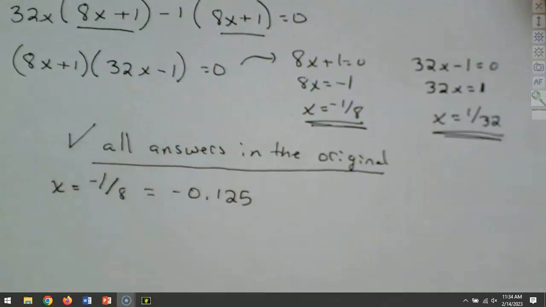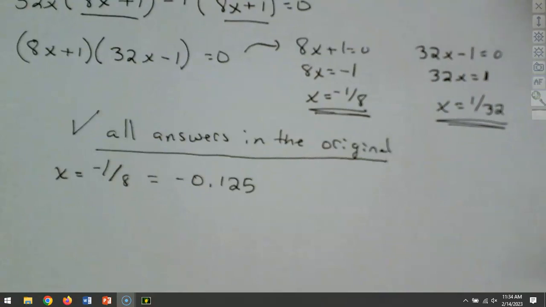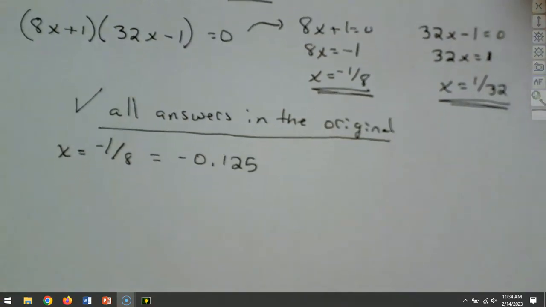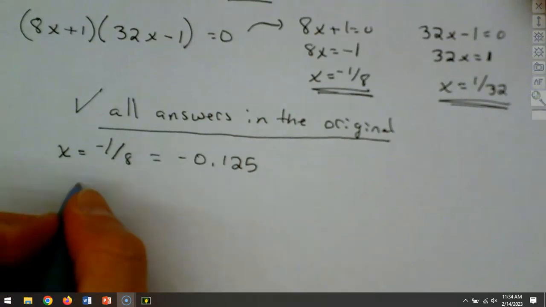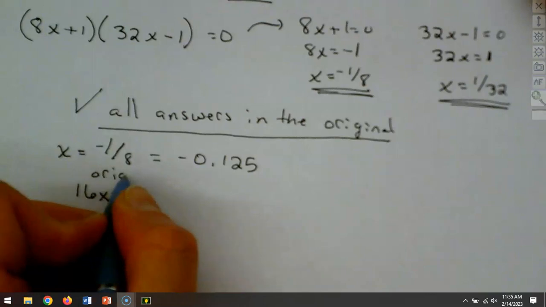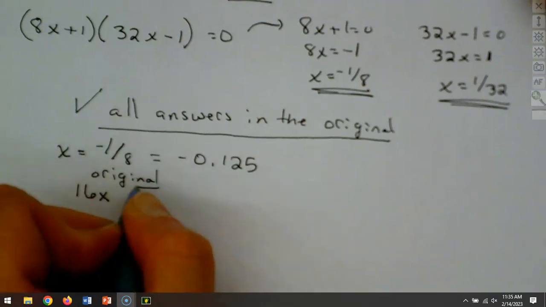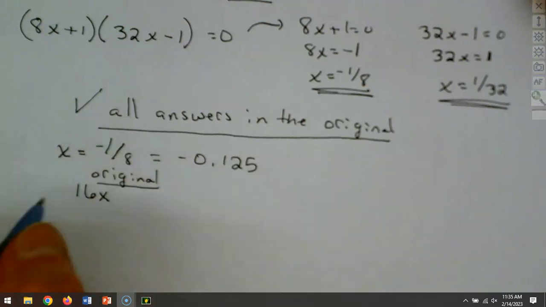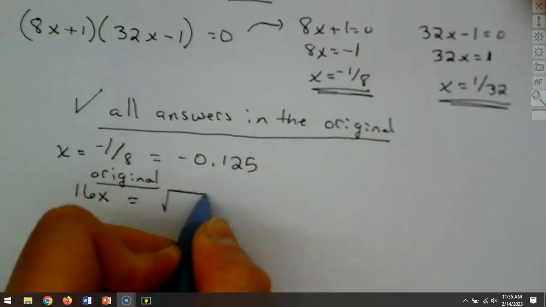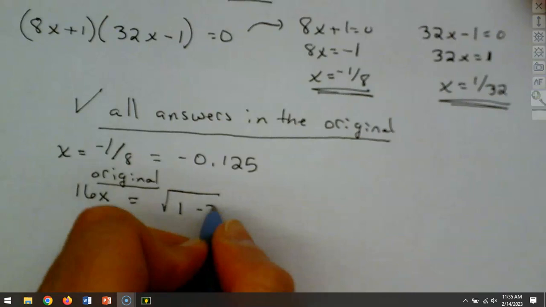Now, if I want to check them, you're going to have to check the 1 over 32. I'm not going to do it for you, but you're going to have to check it. So we're going to check it back in the original. The original is 16x equals the square root of 1 minus 24x.